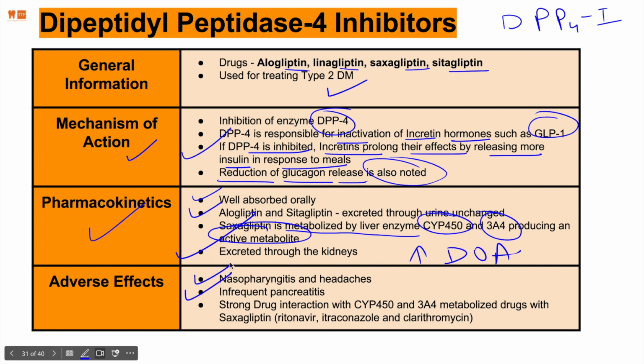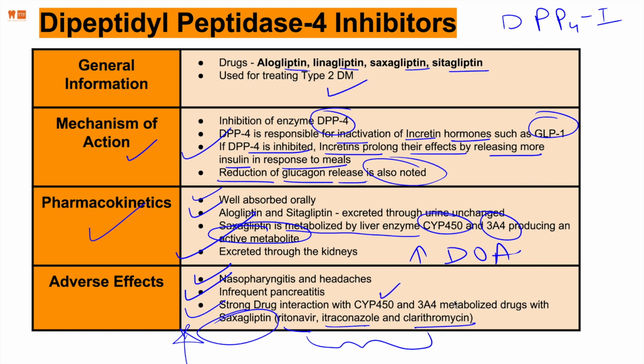Infrequent pancreatitis is seen. There is a strong drug interaction with CYP450 3A4 metabolism for saxagliptin. Remember, it was notorious: ritonavir, itraconazole, clarithromycin. So all antimicrobials that are metabolized by CYP450 3A4 affect the duration of action of saxagliptin.